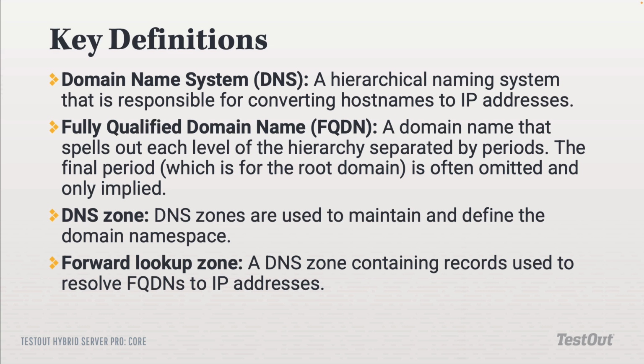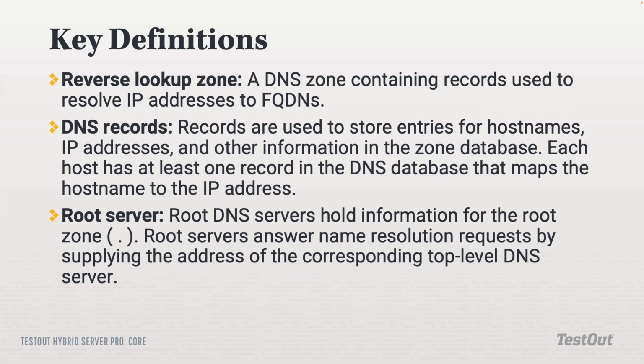So what do we think a reverse lookup zone is? Yes, we're taking IP addresses to domain names. So they go either which way. The way I remember this is forward starts with an F, as does FQDN, our fully qualified domain name, okay? So we are starting with our FQDN to IP address. Forward, they both start with an F, okay? Reverse resolves IP addresses to FQDNs. So that comes second.